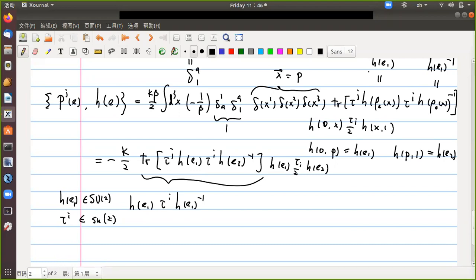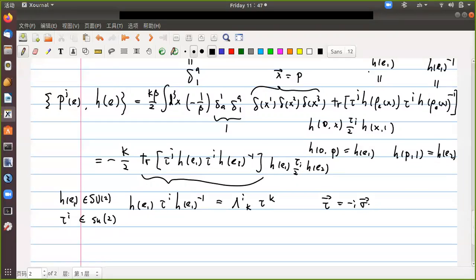Or you can just try yourself using two SU2 matrices sandwiching a Pauli matrix, and what you get is just a linear combination of Pauli matrices. I think in quantum mechanics you also learn the same result. So K from 1, 2, and 3. Here tau equals minus I sigma, and sigma is the Pauli matrices.